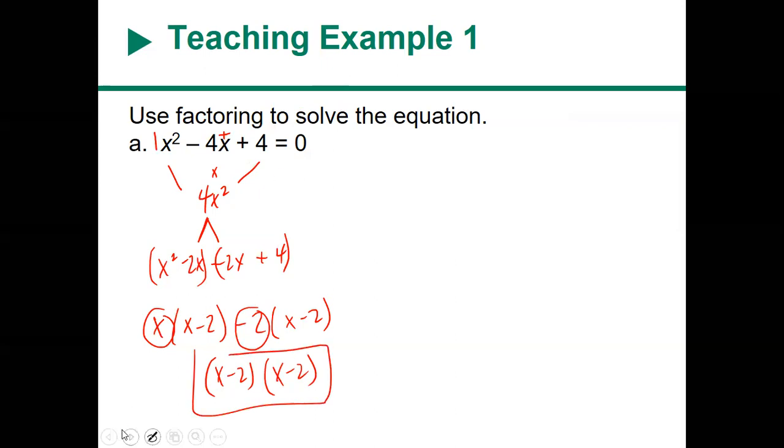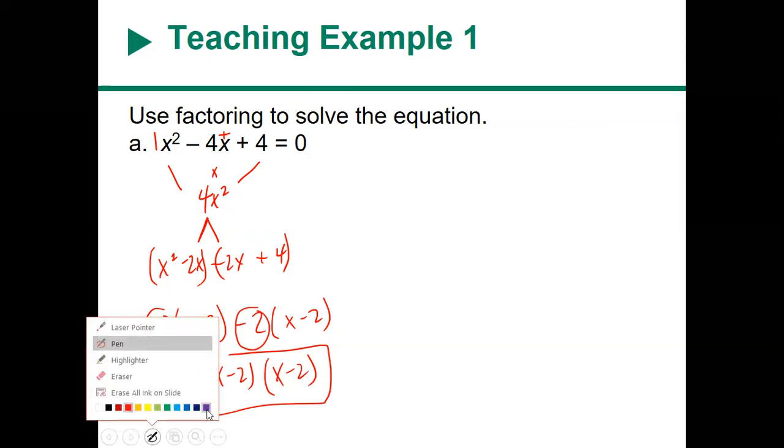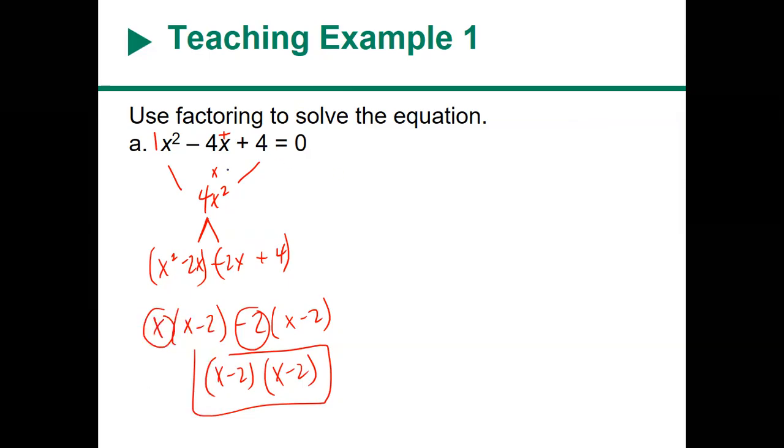But shorthand-wise, all you're asking yourself is what multiplies to give me 4, what adds to give me negative 4, and you should be able to just say, oh, that's x minus 2 and x minus 2, which equals x minus 2 squared. Okay, and the reason why you can do it quickly is because the A is a 1. Do we see that?